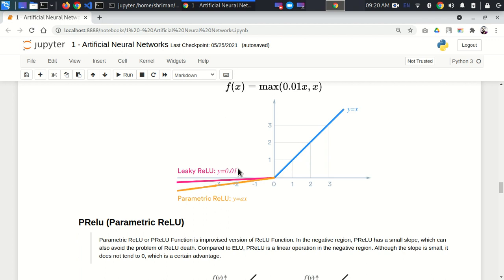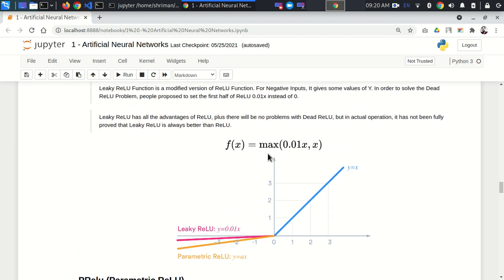If the inputs are negative, our ReLU is dying, which is a major problem for us. To avoid this, they have introduced a constant value which is very near to 0 but not equal to 0. In that case, you will get some change for negative data as well, and this is how its equation is defined. For positive x, it gives you x, but for negative x, it gives you this one, right?